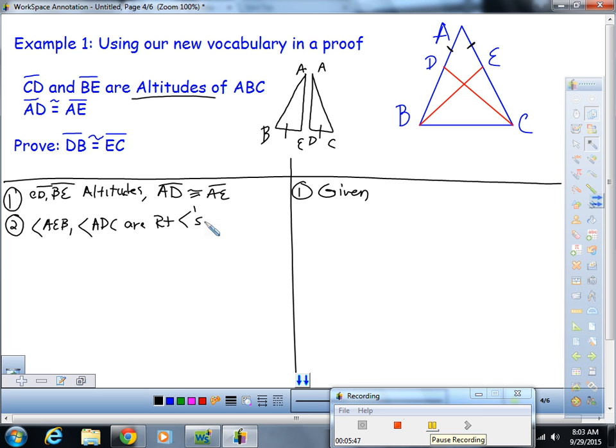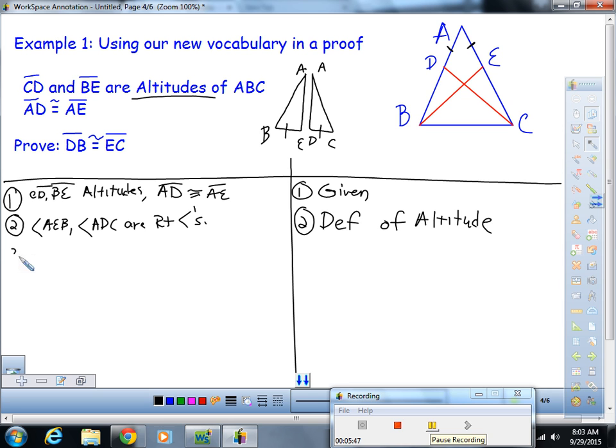Okay, if you look in your book, they include two different definitions of altitudes so that we can directly say that they're right angles. So that is the definition of altitude. If a segment goes from the vertex and forms a right angle with the opposite side, then it is an altitude, okay?